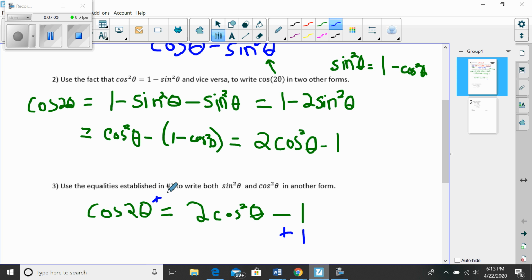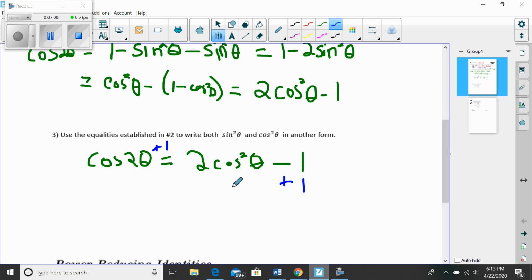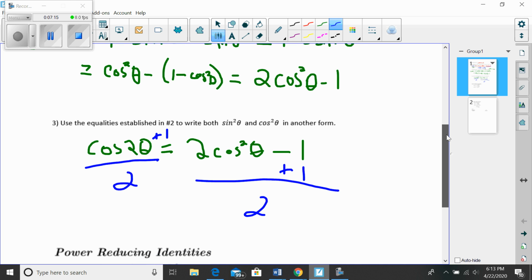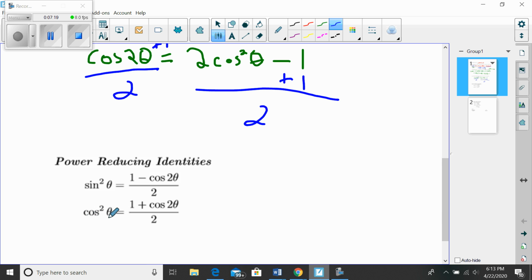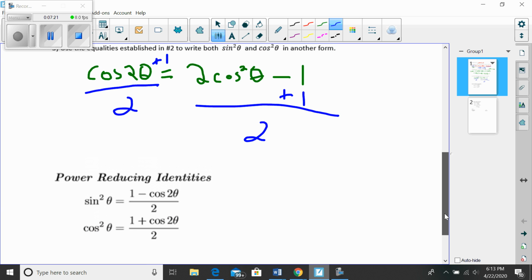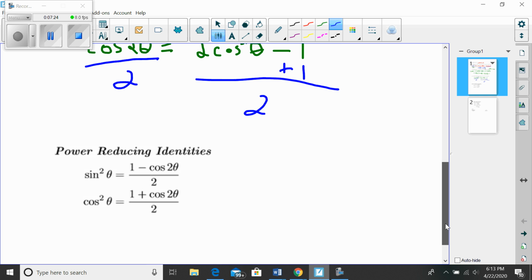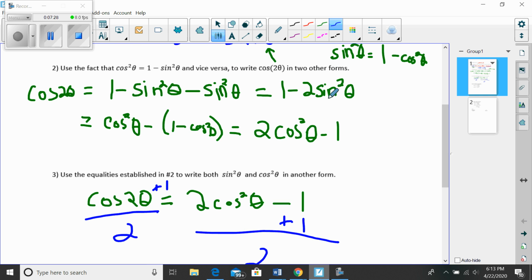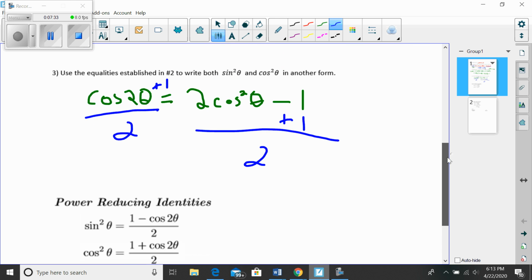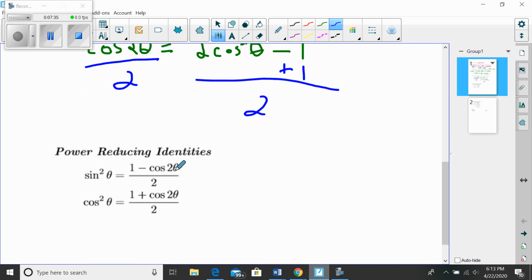Add a 1 to both sides. I'd get this alone, and then I'd be dividing both sides by 2 after I add the 1 to both sides to isolate the cosine squared theta. Okay, and I can rewrite cosine squared theta as 1 plus cosine 2 theta over 2. So you go ahead and verify that if you solve this identity for sine squared, that you would get this.